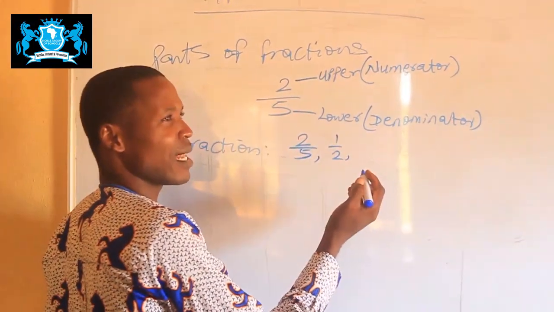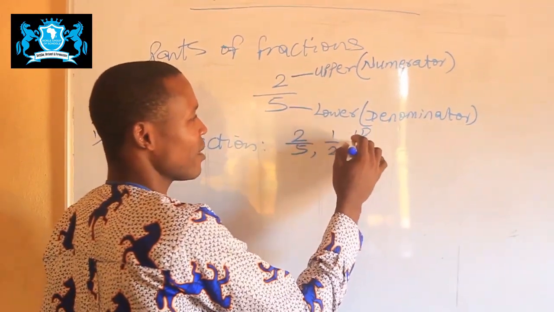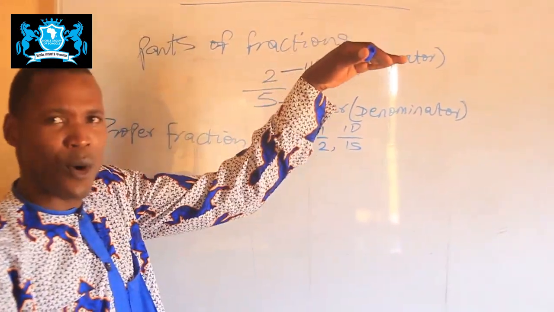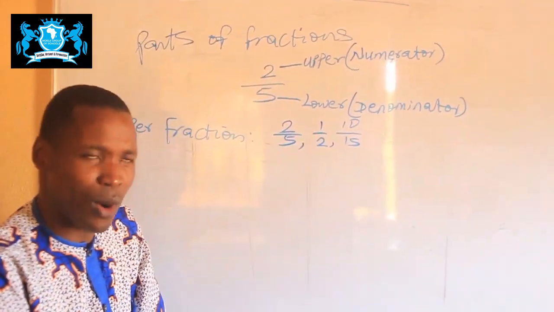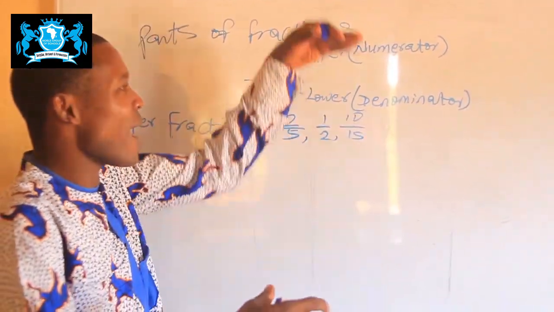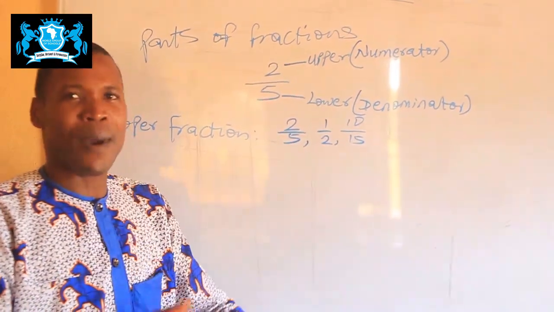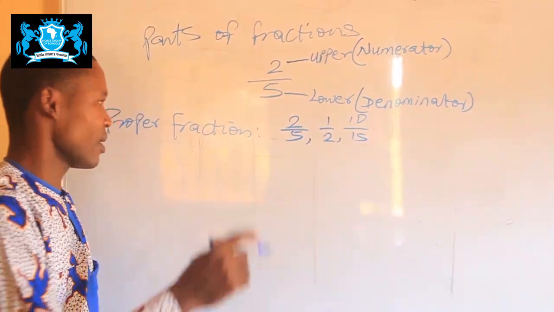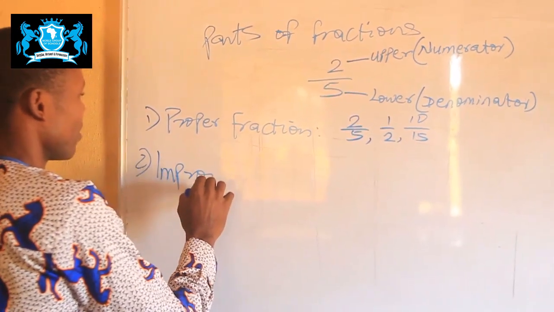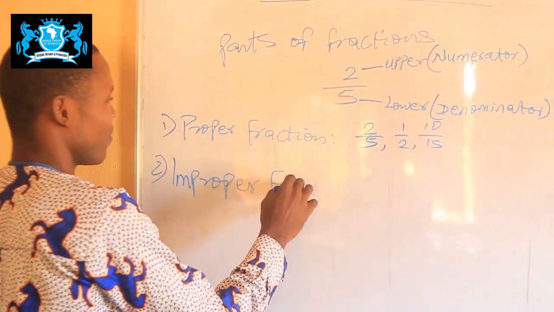If you have something like 10/15, you can see that the one above is less than the one below. Anytime the one below is bigger than the one up, you call it a proper fraction. Then that takes us to improper fraction.